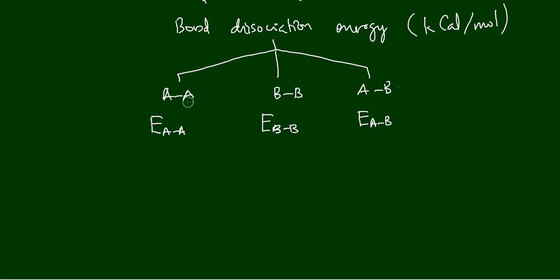That is the minimum energy required to break the bond between two atoms. Here EAA means the minimum energy required to break the bond between A and A, so that they are separated into free atoms. Here also, the minimum energy required to break this bond. That is bond dissociation energy.